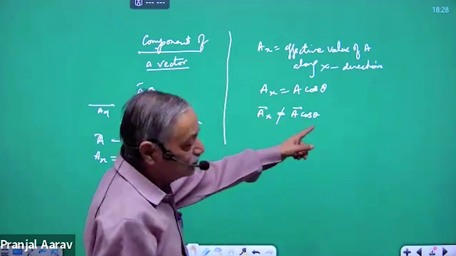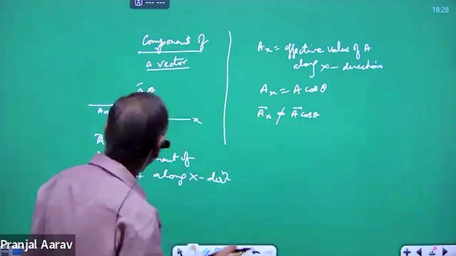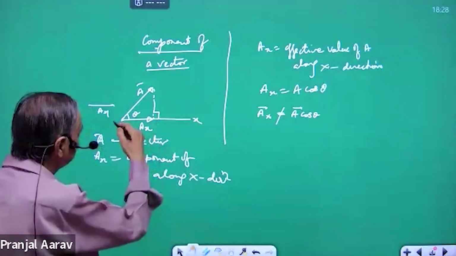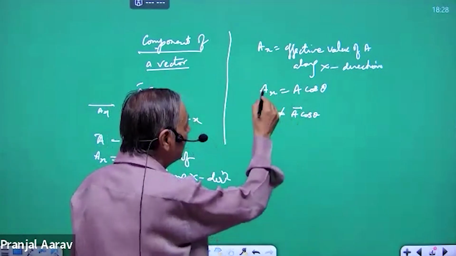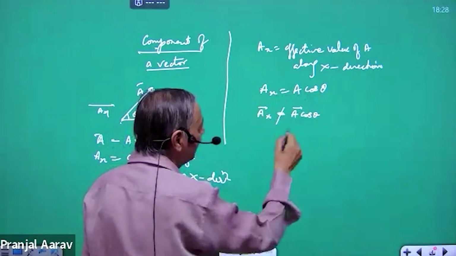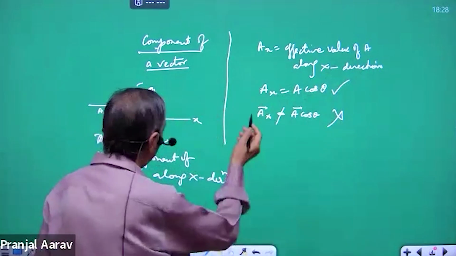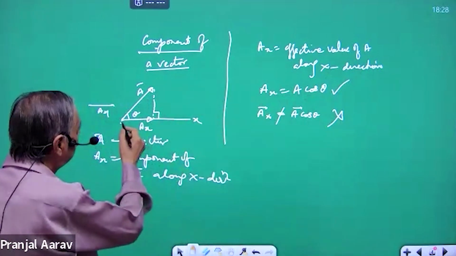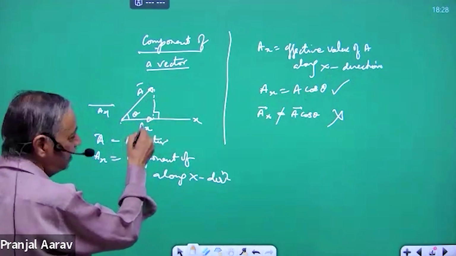AX and A cos theta, these are two different vectors, but their directions are not same. This is the direction of AX, this is direction of A. I cannot write like this, but I can write their magnitude. So this is wrong, this is right. Hypotenuse, perpendicular and base. So AX is the base here.